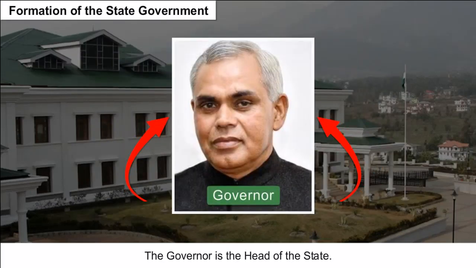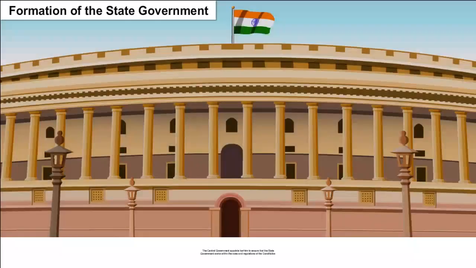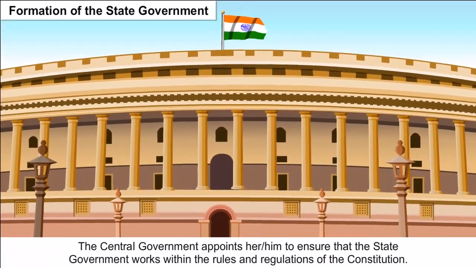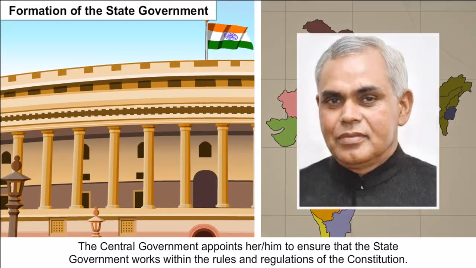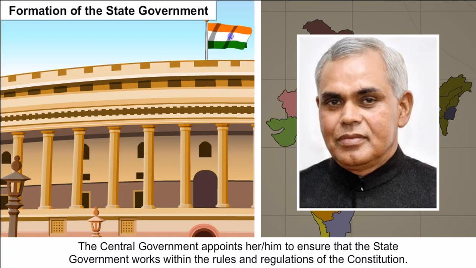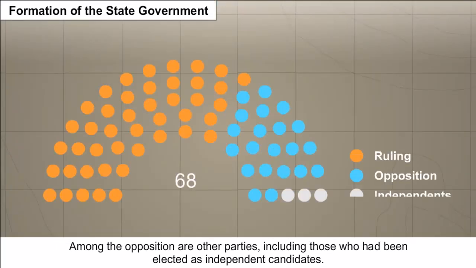The governor is the head of the state. The central government appoints her or him to ensure that the state government works within the rules and regulations of the Constitution. Among the opposition are other parties, including those who had been elected as independent candidates.